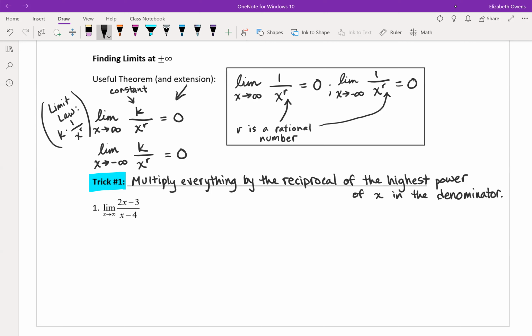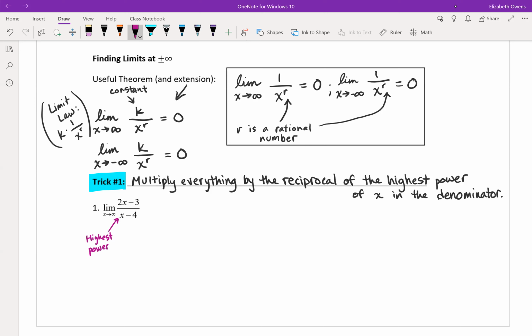Example 1. The limit as x approaches infinity of 2x minus 3 over x minus 4. We are going to use this trick: multiply everything by the reciprocal of the highest power of x in the denominator. The highest power of x in the denominator is x to the first power.